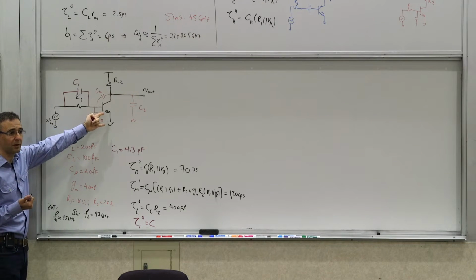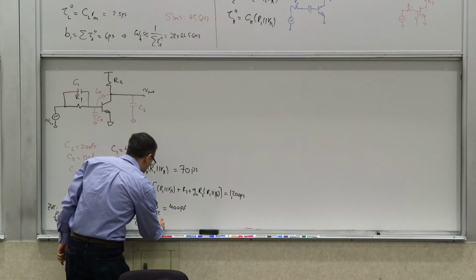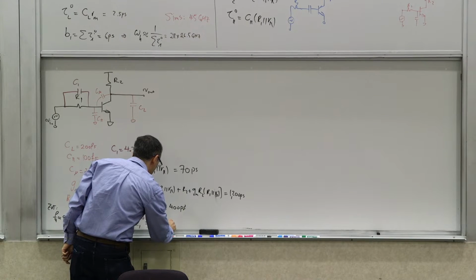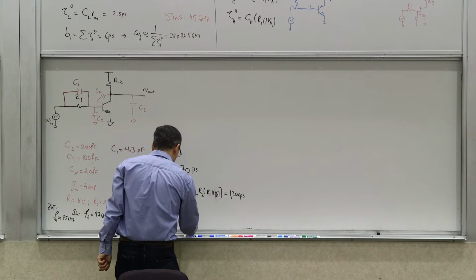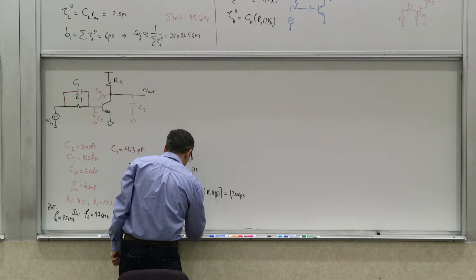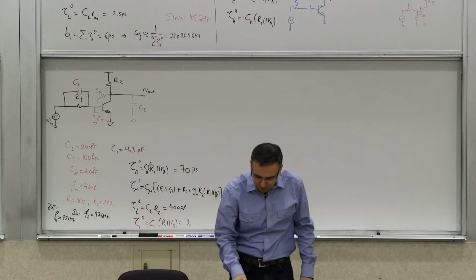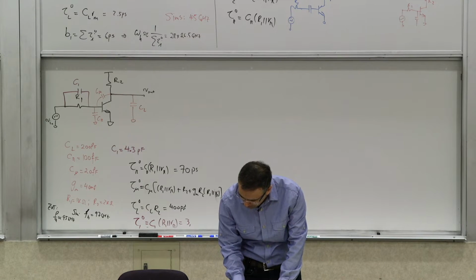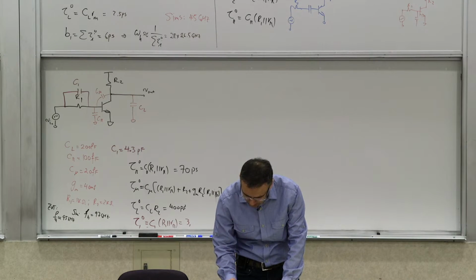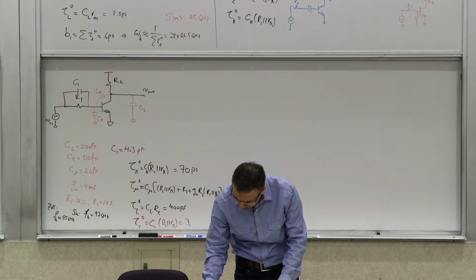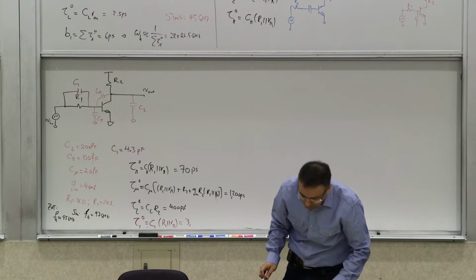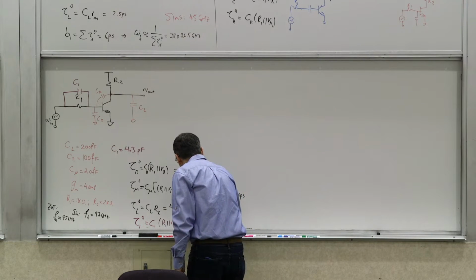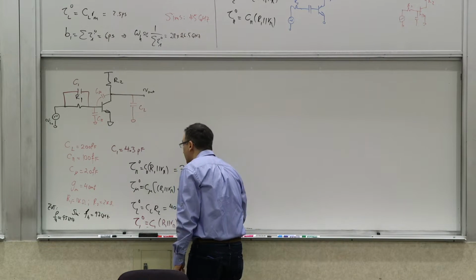So it sees R1 parallel R pi. If you calculate that, it's 3,070 picoseconds, yes. Okay.